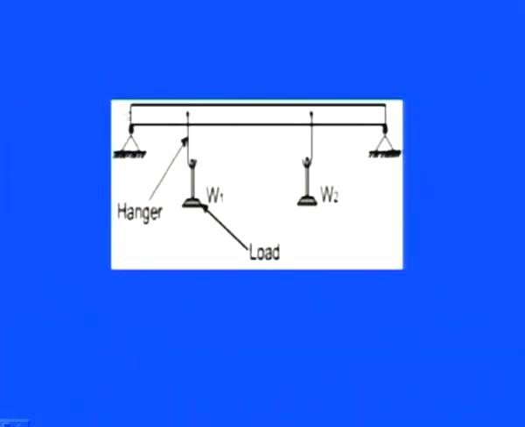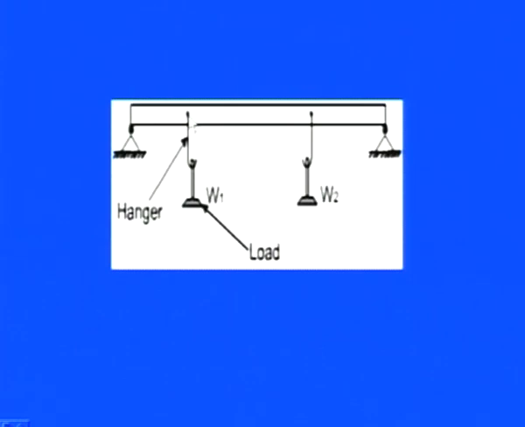If you see this figure, you find that the beam spreads across these two supports, and at these two points we simply keep a hanger, and in the hanger we keep the load. So the effective area under this load is this much. Compared to the entire length of the beam, you will find it is a very tiny part, compared to this length or even to W2. The effective area over which these loads are applied is very, very small.